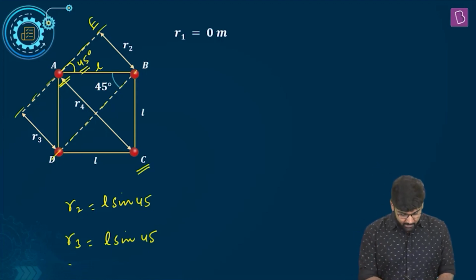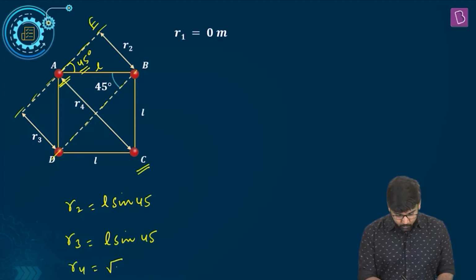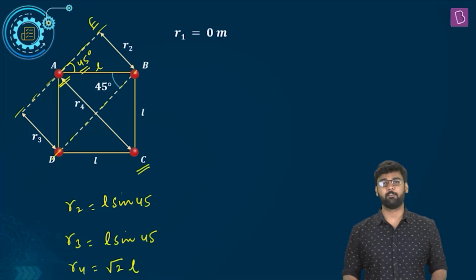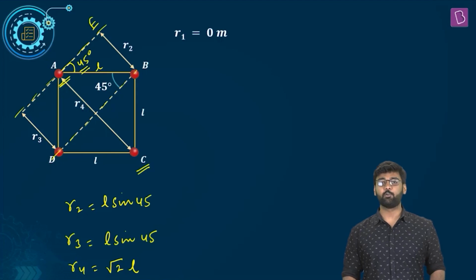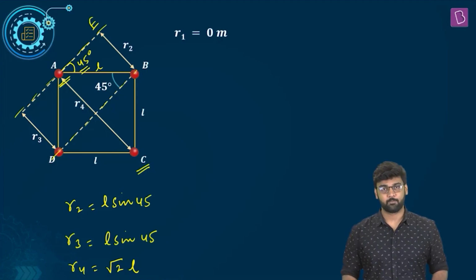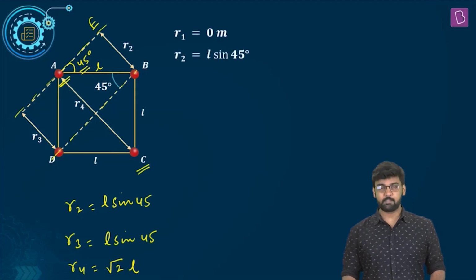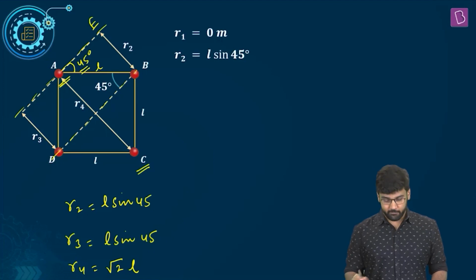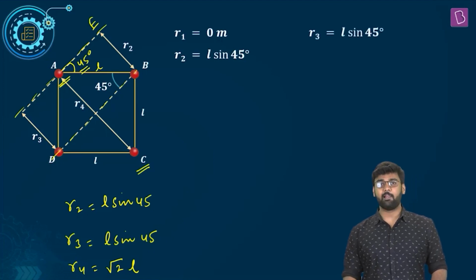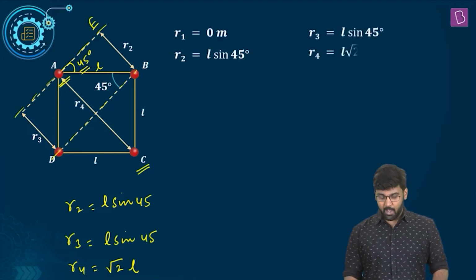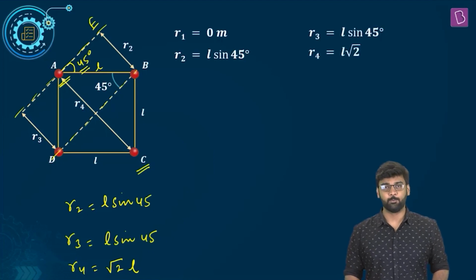So we can write R4 as root 2 times L. We can easily calculate this using Pythagoras theorem. So this comes out to be root 2 times the side of square, which is root 2 L. So now we have the distances R1 as 0, R2 as L sine 45, R3 as L sine 45 and R4 as L root 2.